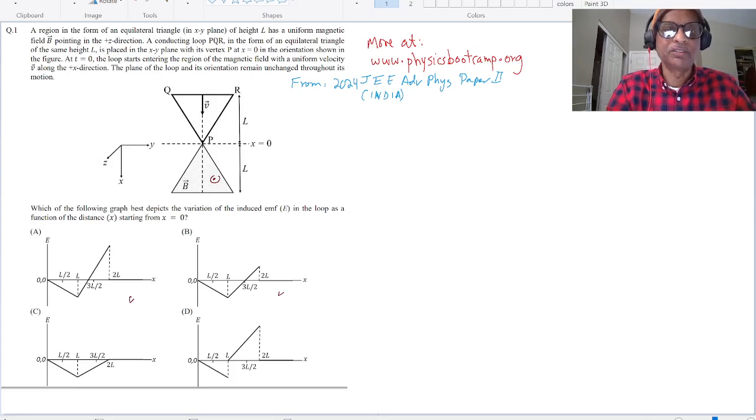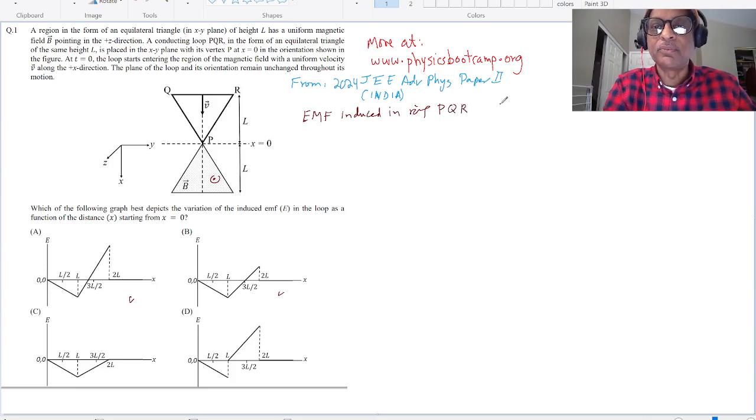Well, that's Faraday's law. The EMF induced in ring PQR will be E equals minus d phi B dt.